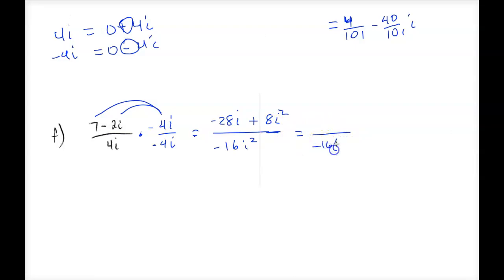And in the denominator here, i squared is a negative 1. And I've got to put the i here. So let me go ahead and clean that up.